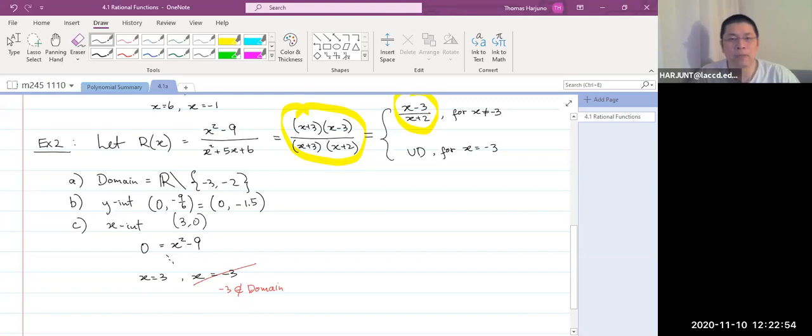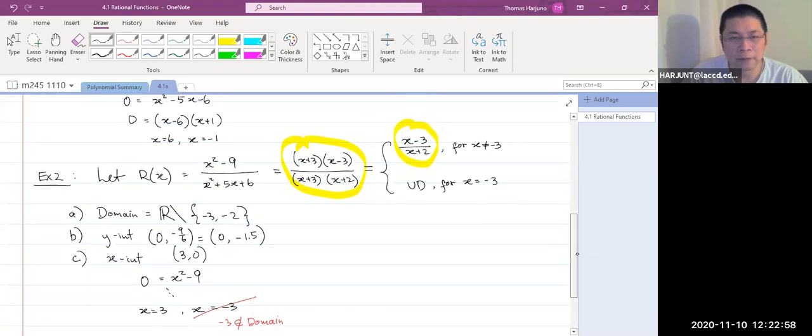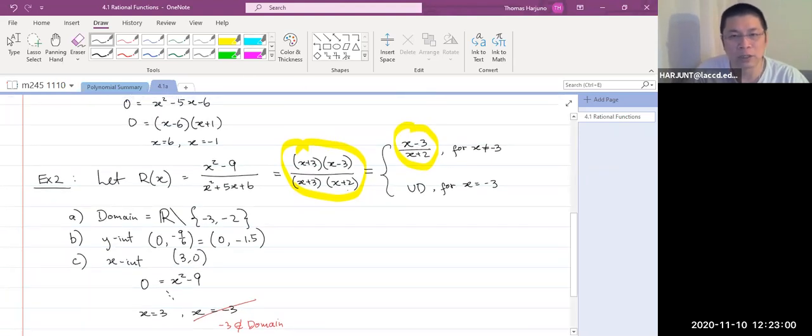Okay, now what I will do next is I will graph both of these functions, the one I circled in yellow, and show you the difference between those two. Let's take a look at my graphing software.